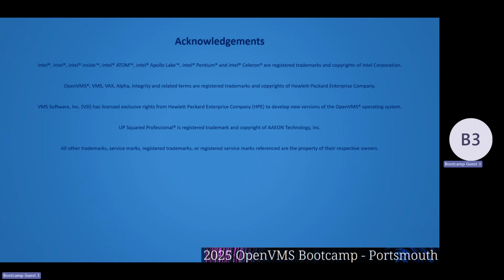We all know that OpenVMS, VMS, VAX, Alpha, Integrity, and related terms are registered trademarks and copyrights of HPE. VSI Software has licensed the rights from HPE to continue to develop new versions of OpenVMS. UP Squared and other references are copyright of a company called Aaeon Technology, and everything else I leave out is probably owned by somebody else.